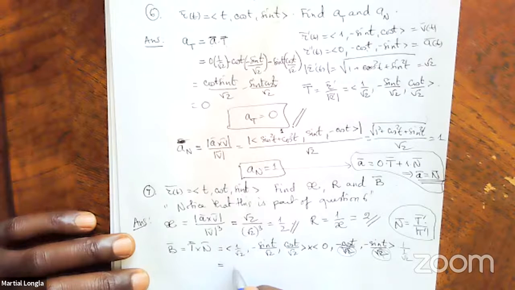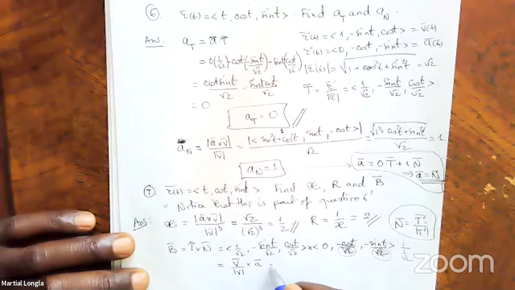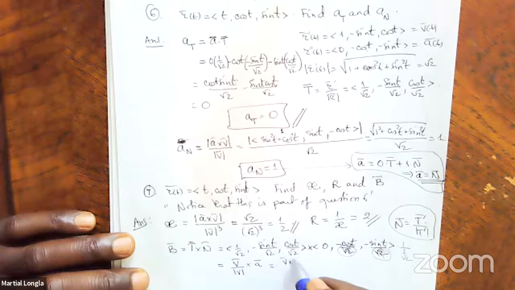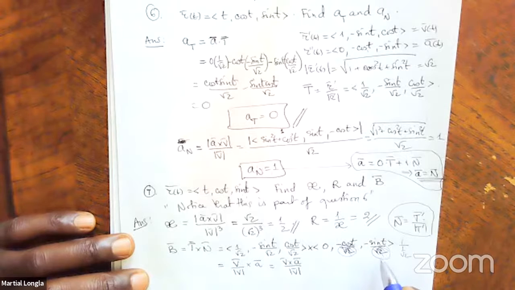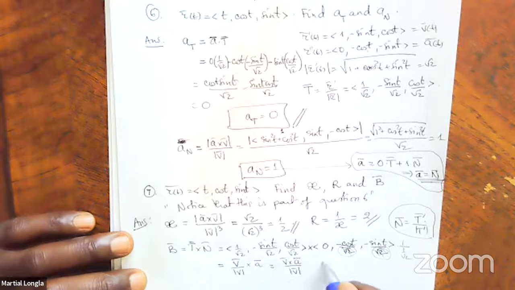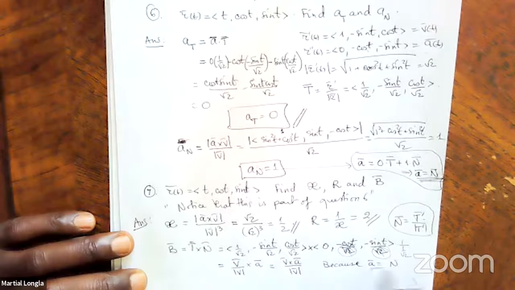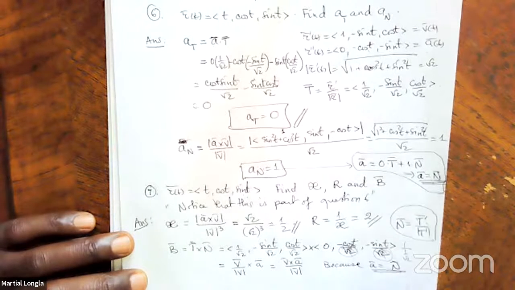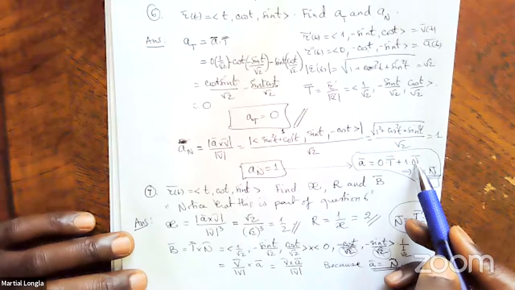And this is v over magnitude of v cross a. I'm just going to save myself some time. So that is v cross a over magnitude of v cross a. In this specific problem, it works like that because a equals N. And so here, right here, I'm giving you actually another way of finding N if you don't want to take derivatives.